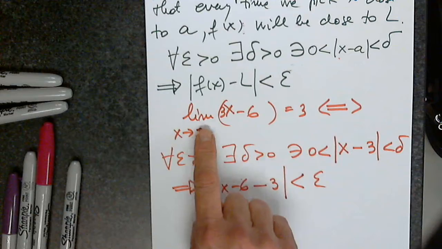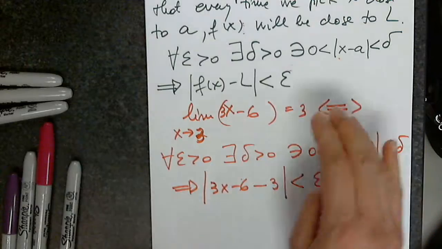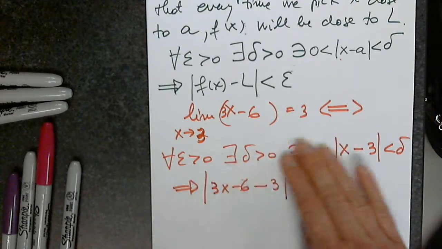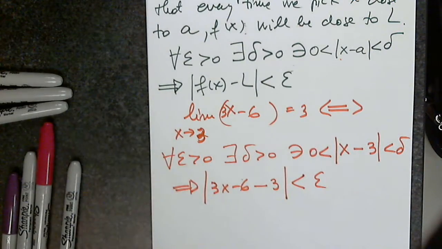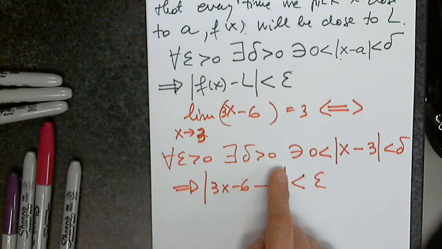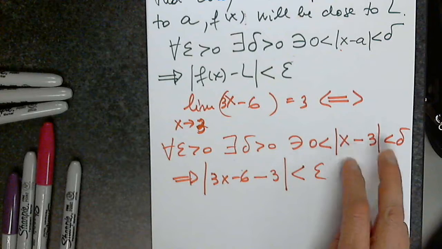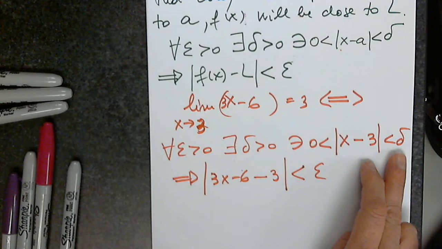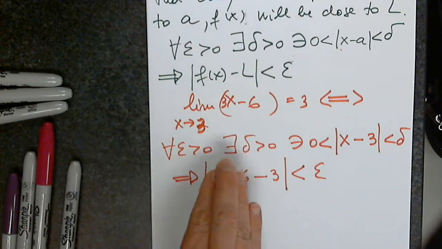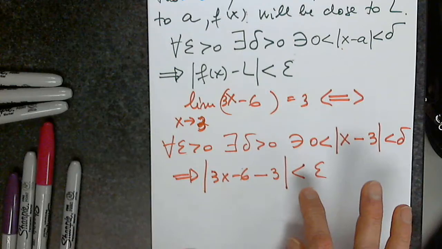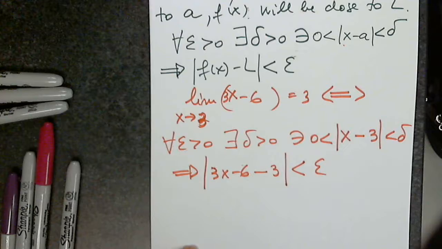The limit is indeed 3, which is equivalent to saying: for every epsilon positive, there exists a delta positive such that if the distance between x and 3 is not more than delta, then it's guaranteed that the distance between the function value and the limit will be less than epsilon.